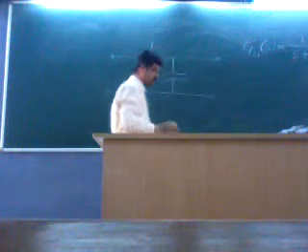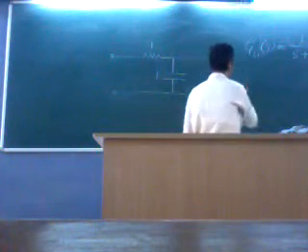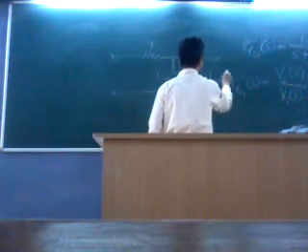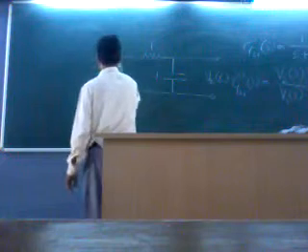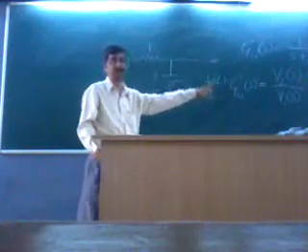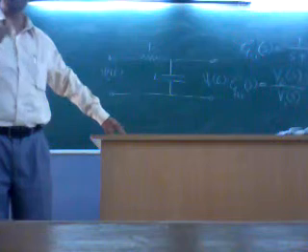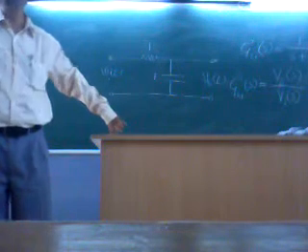G21(S) is equal to V2(S) upon V1(S), whereas this is V2(t), this is V1(t). Can anybody explain to me how we have computed G21(S)?